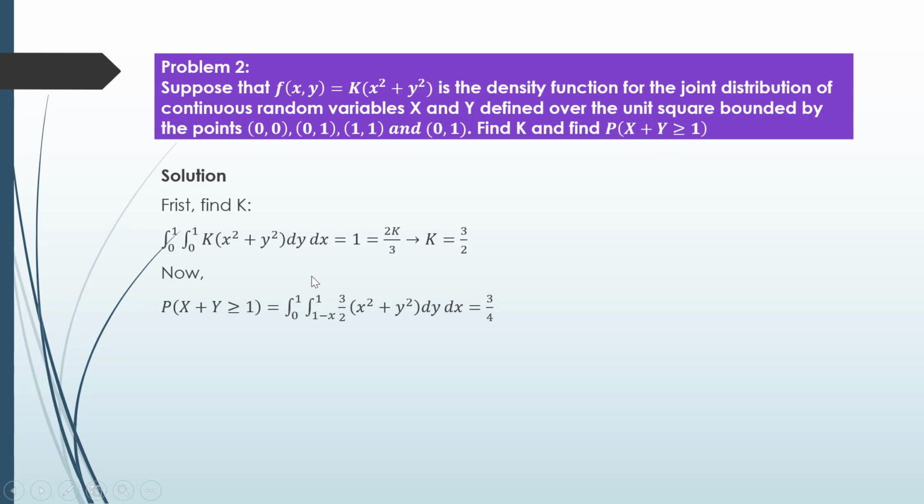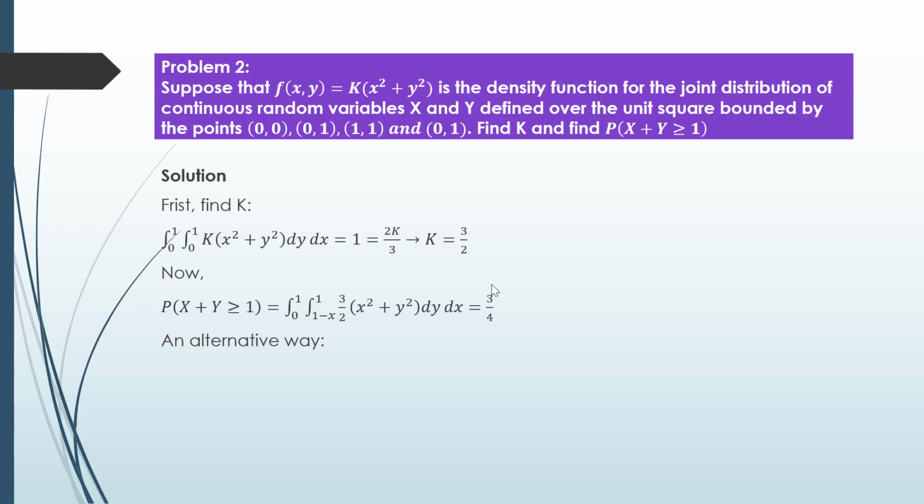So we are going to keep x fixed and write y depending on x. So x goes from 0 to 1 and y goes from 1 minus x to 1 because y is greater than 1 minus x. And working on this double integral, we got the answer 3/4.